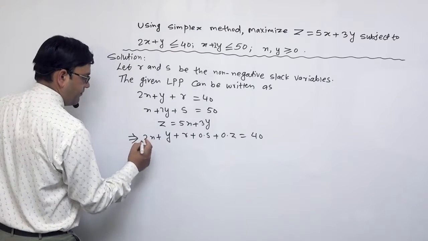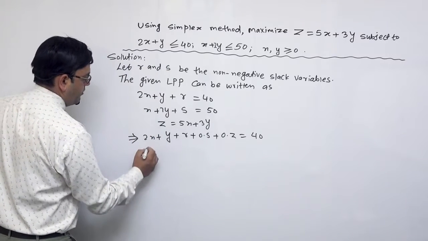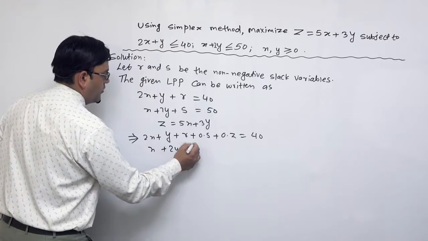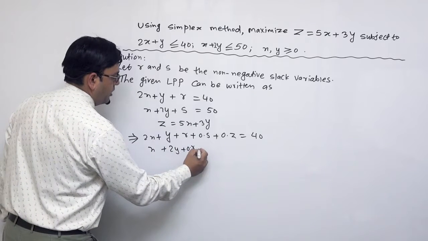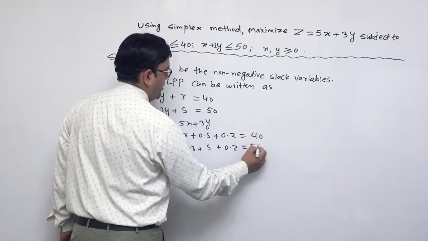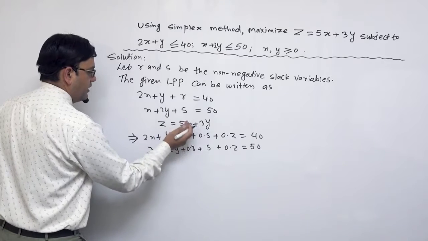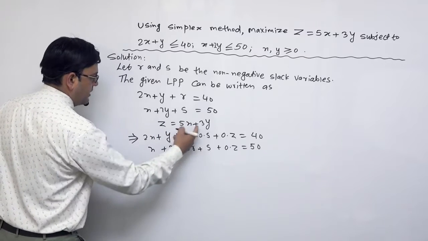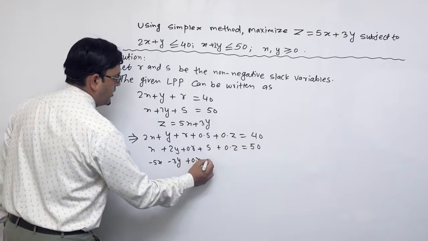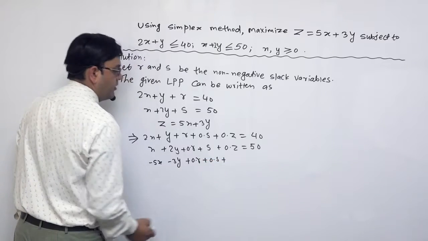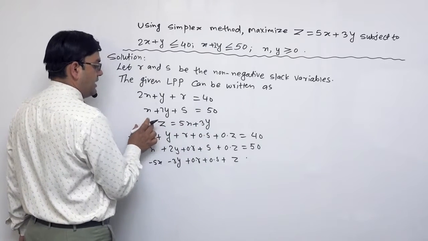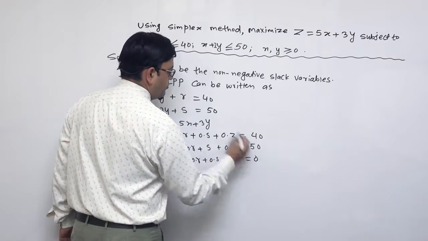The next one is x plus 2y plus 0 r plus s plus 0 z is equal to 50. Similarly, in the last one, if we bring everything to this side, there will be minus 5x and minus 3y, plus 0 r, plus 0 s, plus z, is equal to 0.